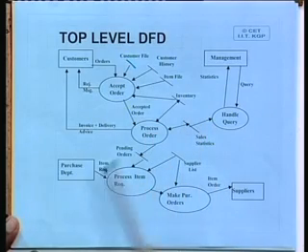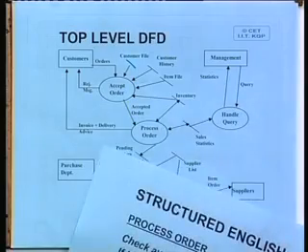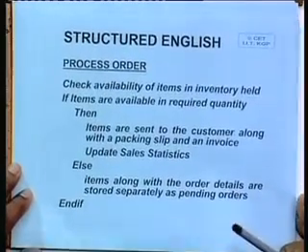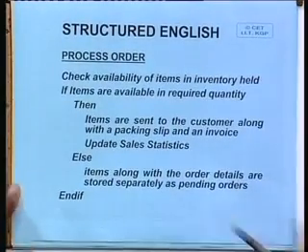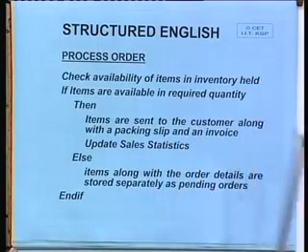Now naturally you may think that process order may not be a single process, there might be a number of processes involved, but assuming it is a single process, this is what we can think of. Check availability of items in the inventory held.